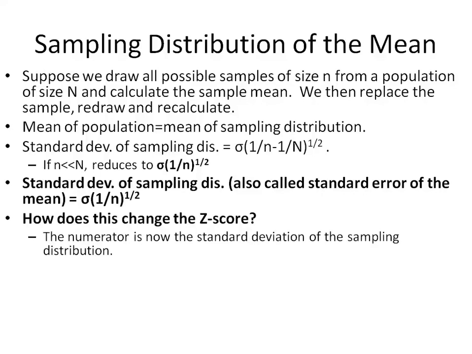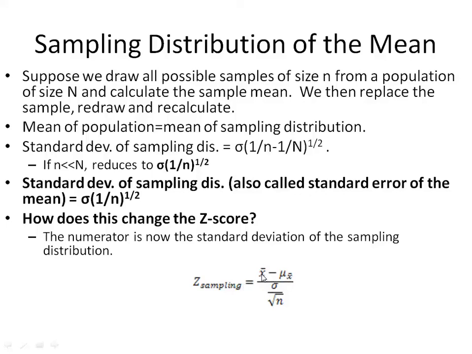So if we're looking at sampling distributions over a population or a sample distribution, we would ask first, if we're doing statistics on it and it's a normal distribution, how does it change our z-score? How does it change what we need to do to calculate probabilities and make it a standard normal distribution? So this says numerator, it should be denominator. That's my mistake. But the top doesn't change.